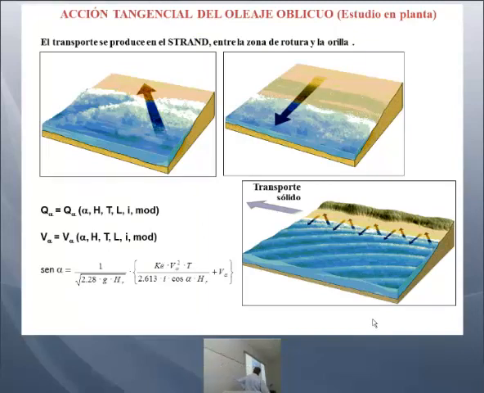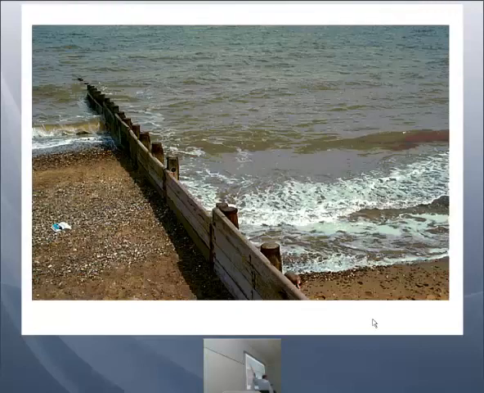The sand moves along the coastline, and if you interrupt that movement, you have an area in sedimentary coastlines, not in erosive coastlines, where the coastline advances.